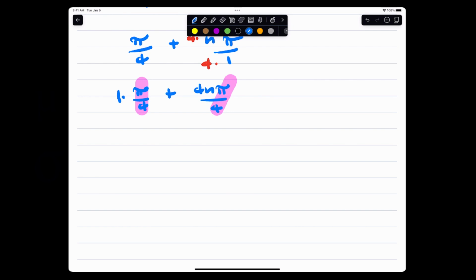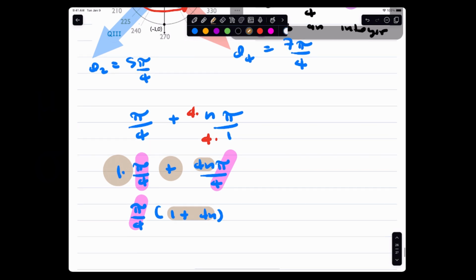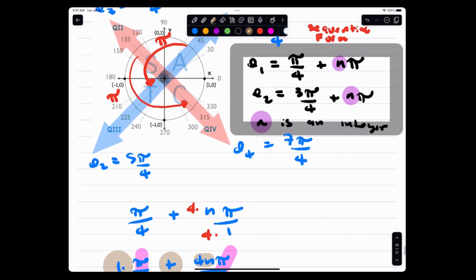So put your 1 there and factor out your pi over 4. So you get your pi over 4, and then the 1 plus 4n. Easy peasy lemon squeezy. So this is the first general solution.